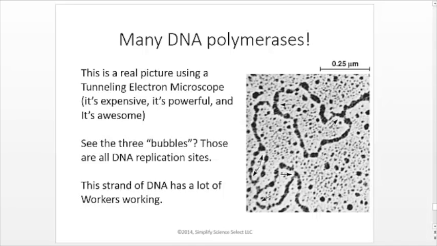So in this image, that thick strand is a strand of DNA, and there are 3 DNA replication sites happening right here, where DNA helicase has opened it up and polymerases are working. So one polymerase on its own might take 2 years, but a bunch of polymerases together can do the whole thing in a few hours.